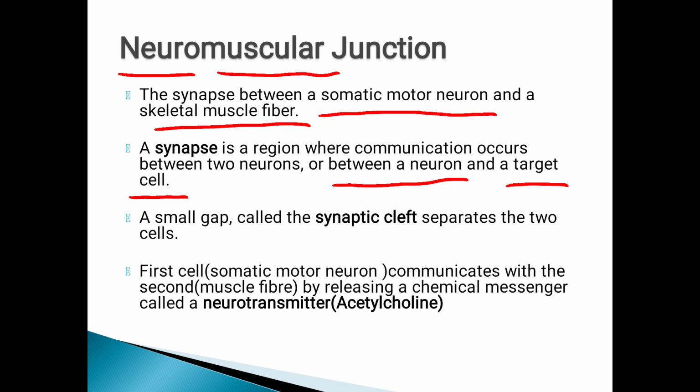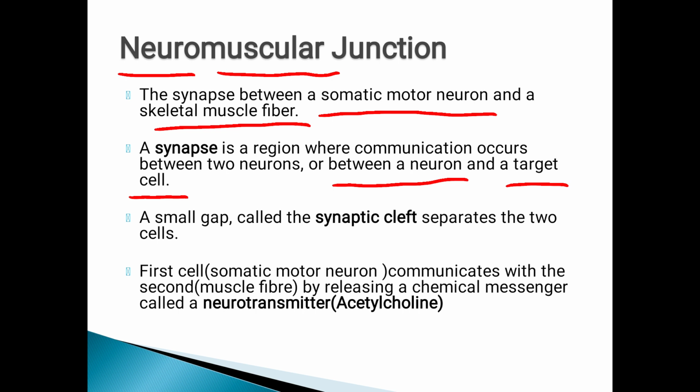Now for a muscle to contract, the brain has to send some signal. The signal is brought by the somatic motor neuron, and then it will release some neurotransmitter, acetylcholine, from the axon terminal.